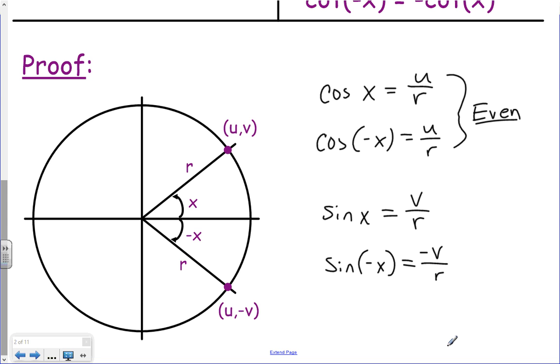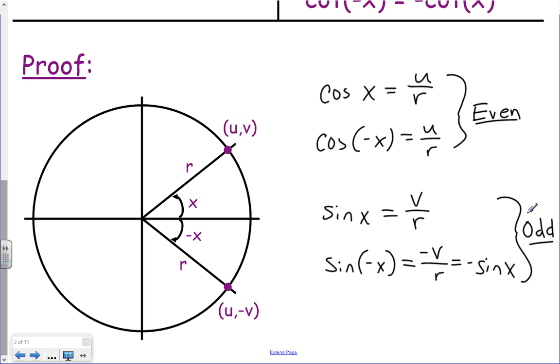Notice that I get the opposite answer. This is the same as the opposite of the sine of x, the opposite answer that I got up above. And that's exactly what it means for us to be an odd function. This is odd because it has that property: the sine of the opposite of x is the same as the opposite of sine of x.